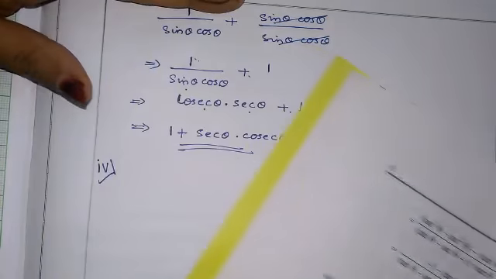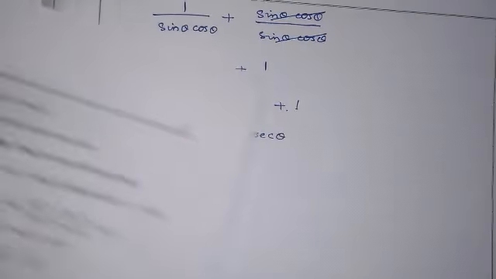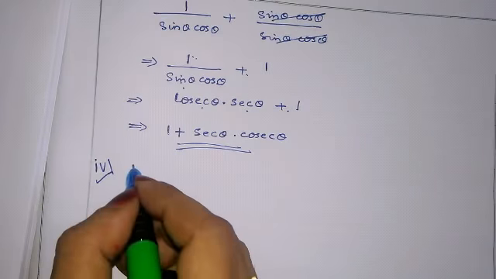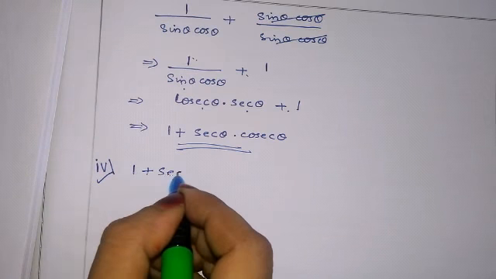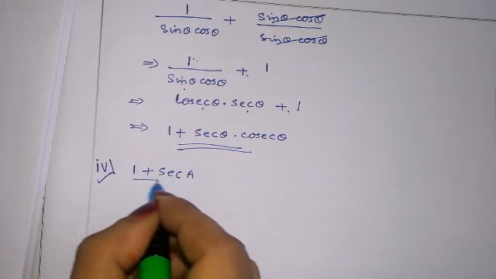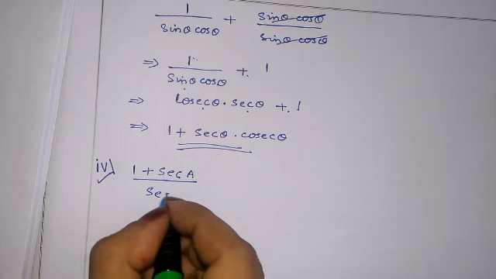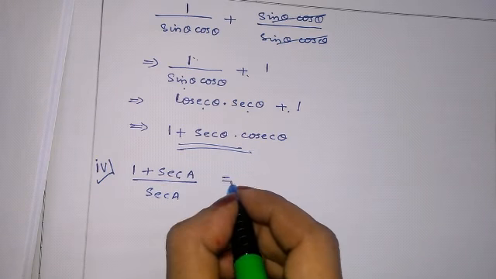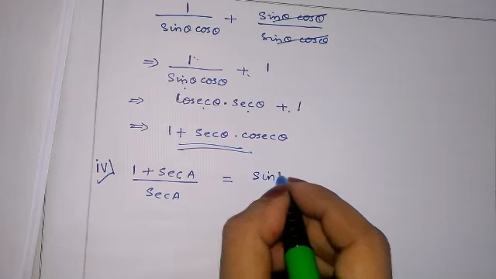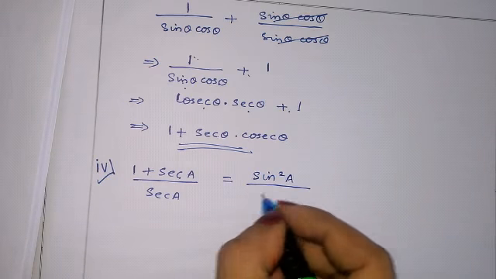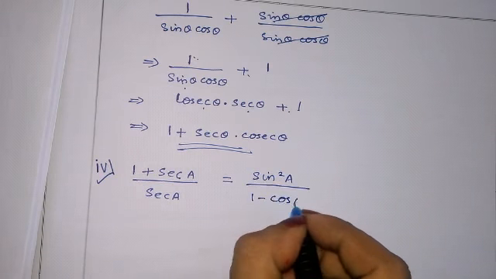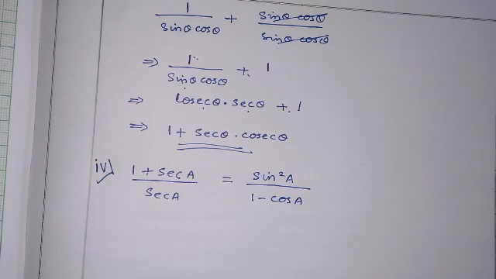Okay, let us write the question now. 1 plus sec a upon sec a is equal to sin square a upon 1 minus cos square a. LHS should be equal to RHS, they have told in the question.